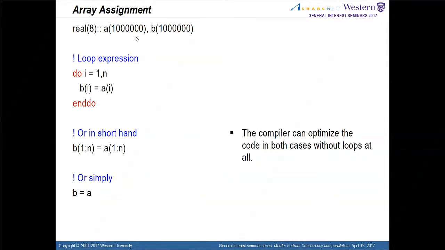We declare two arrays, A and B, and we assign the values of A to B using a loop, or we can use a shorthand. We assign a block of elements from A to B, or even simply we can just write B equals A. The compiler can optimize the code in both cases without loops at all.